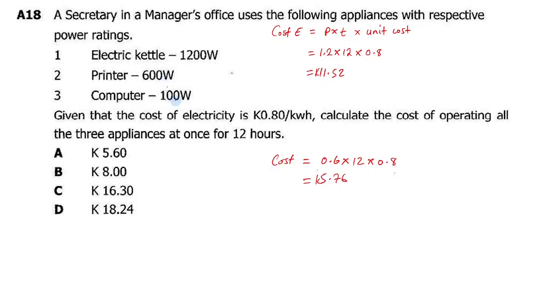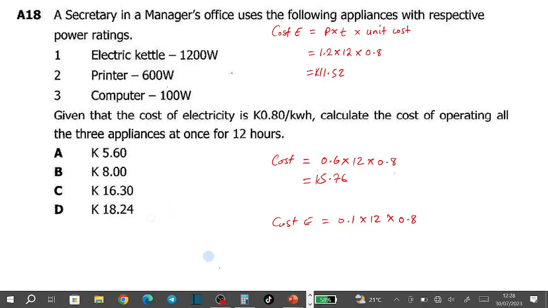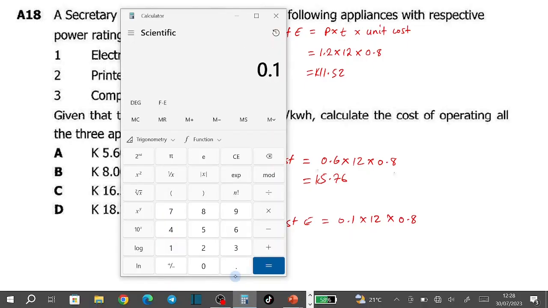The computer, 100 divided by 1000 will be 0.1. So the cost is 0.1 times 12 times 0.8, which gives 0.96.